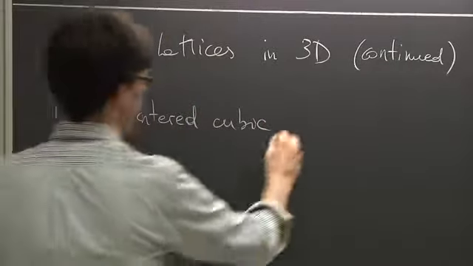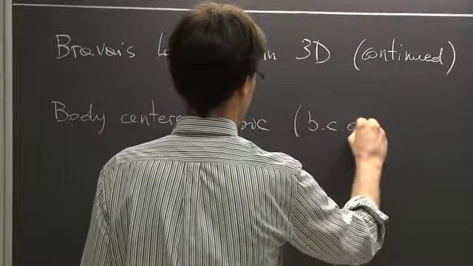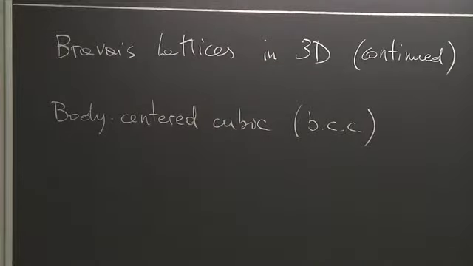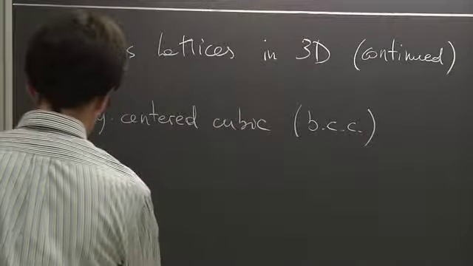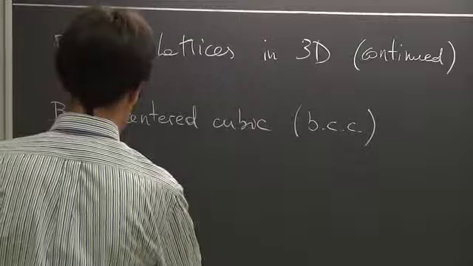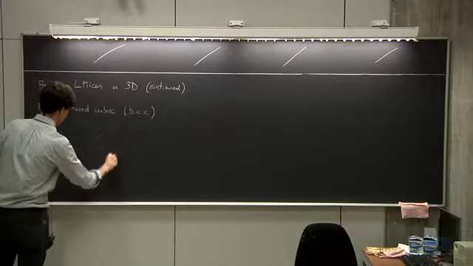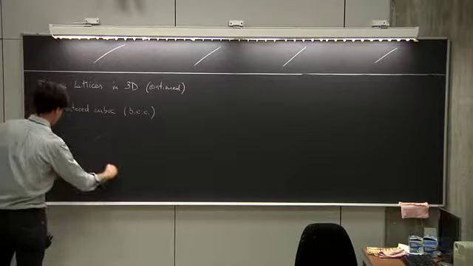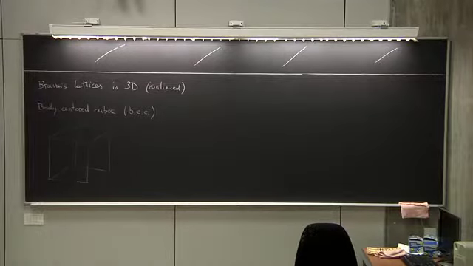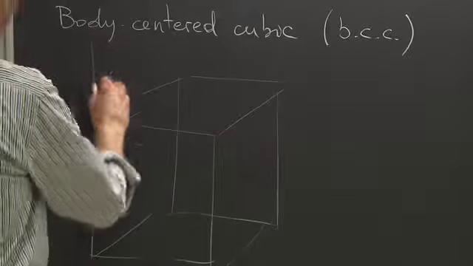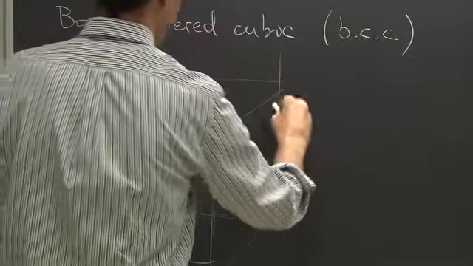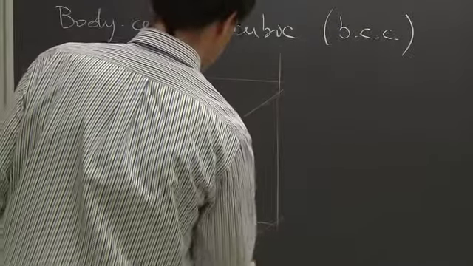Or BCC for short. The BCC lattice is characterized by the following structure. So we have a square lattice. So always think in terms of this extending, of course, from minus infinity to plus infinity, right?